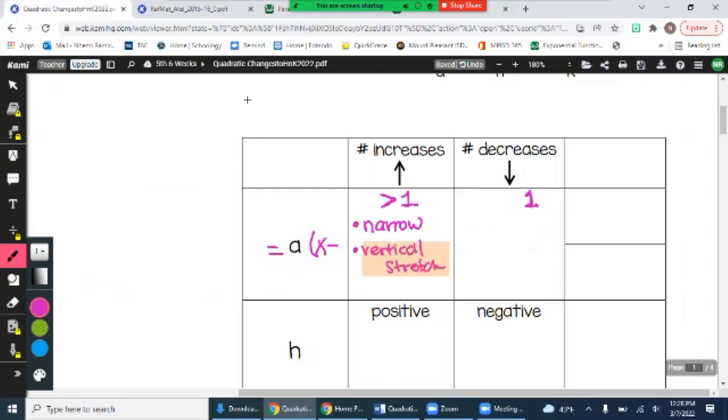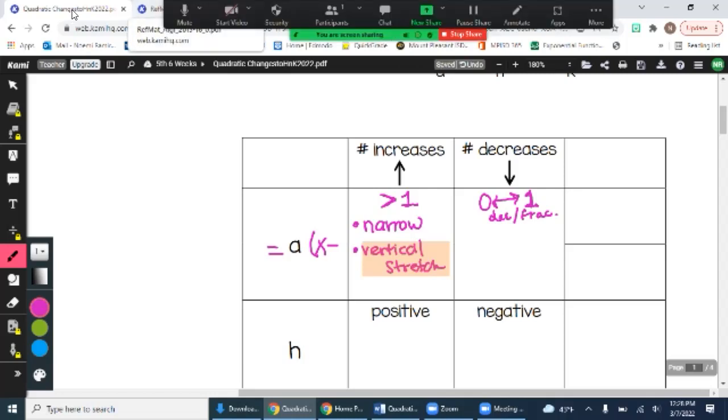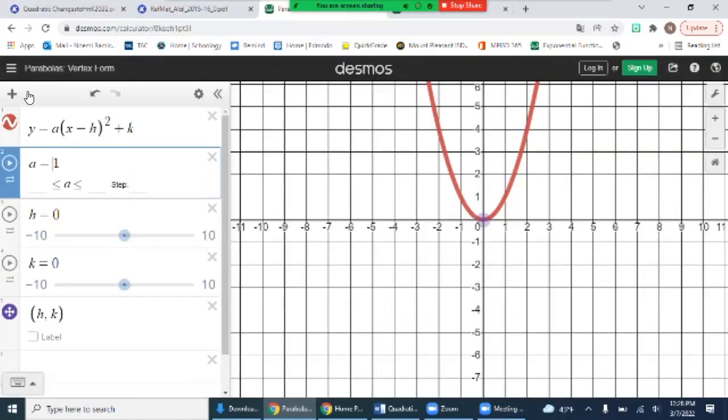Now, if it's less than 1, with A, it has to be between what two numbers? Between what and 1? In between 0 and 1. What kind of numbers do we find between 0 and 1? Decimals or fractions. If that number becomes a decimal or a fraction, what happens to the parabola? It gets wider.